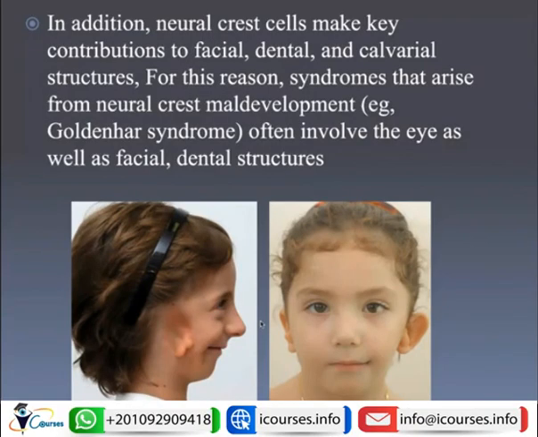One of the famous syndromes associated with damage or maldevelopment of neural crest cells is Goldenhar syndrome. Goldenhar syndrome presents with midfacial hypoplasia with limbal dermoid, preauricular skin tags, oral fistula, and defects in the vertebrae.